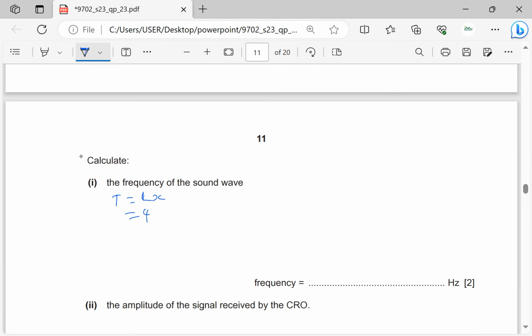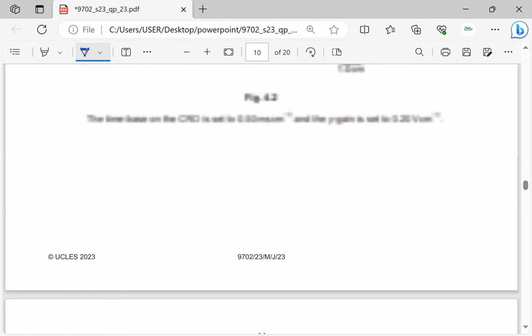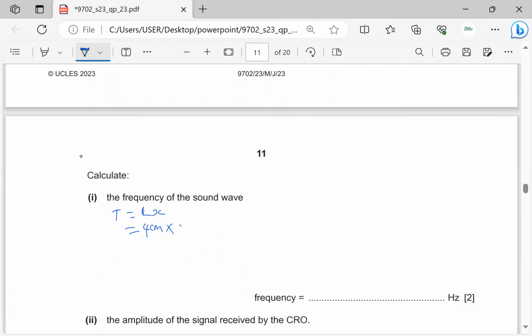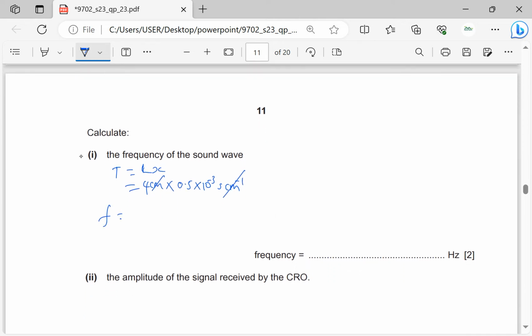So this is going to be 4 centimeters times the time base setting, 0.5 milliseconds, so times 0.5 times 10 power minus 3 seconds per centimeter. So per centimeter cancels. Then frequency is equal to 1 over period, which will be 1 divided by 4 times 0.5 times 10 power minus 3.